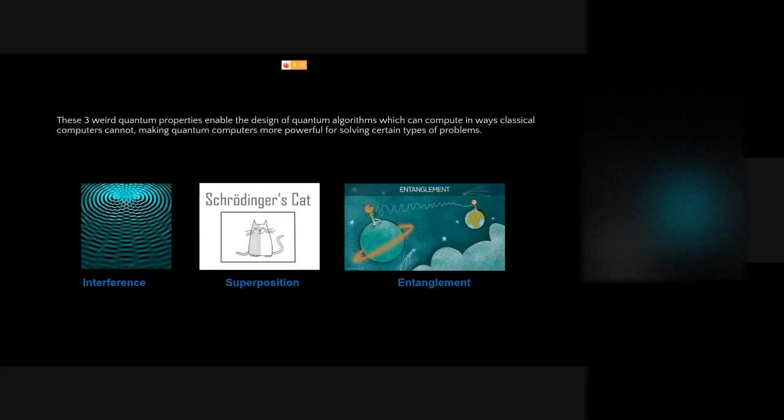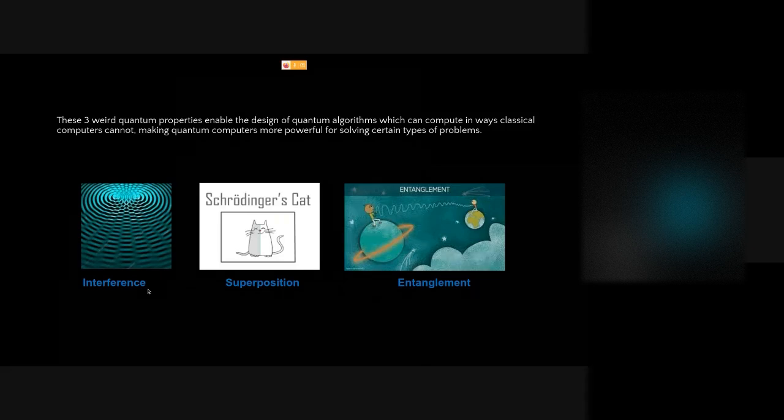What interference does is that those answers or states that are more likely to solve the problem are constructively interfered, and those that are not the answers are destructively interfered. So those options die, and we're left with a lesser number of states that can possibly be our answer. So interference leads to quantum speed up.